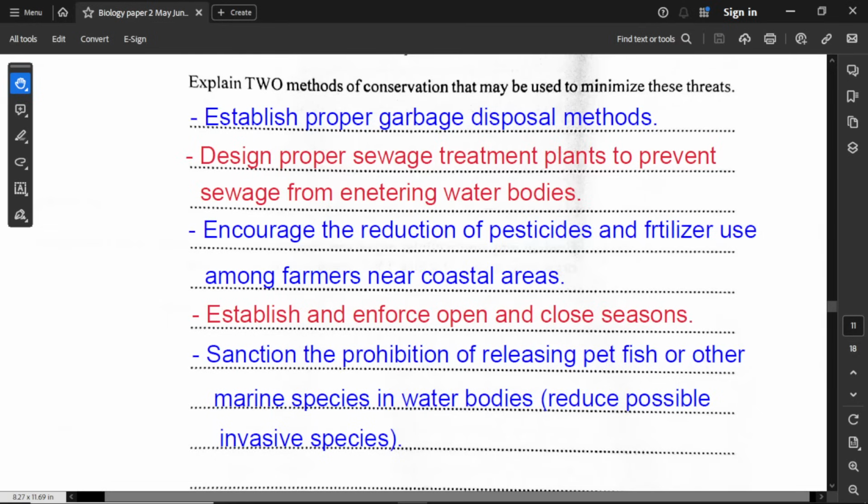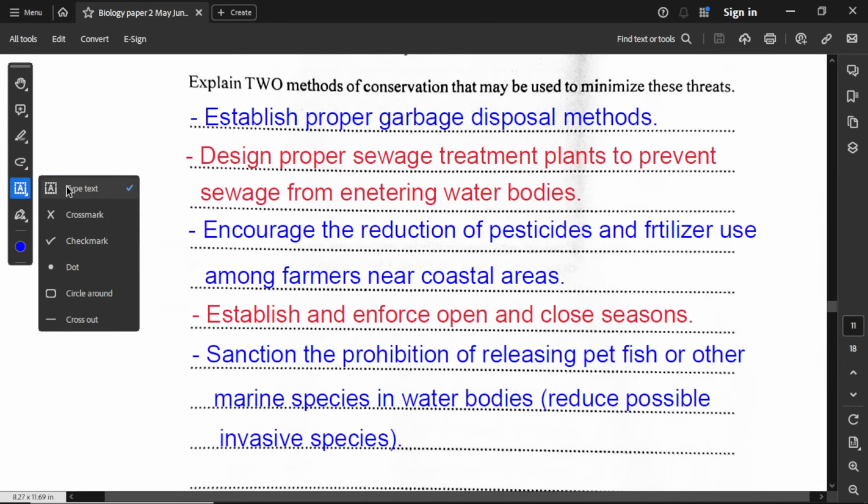All right, so 1, we can establish proper garbage disposal methods, so you don't pollute the water, of course. You can design proper sewage treatment plants to prevent sewage from entering the water body. All right, and that word is spelled incorrectly, I'm just quickly changing that, entering.